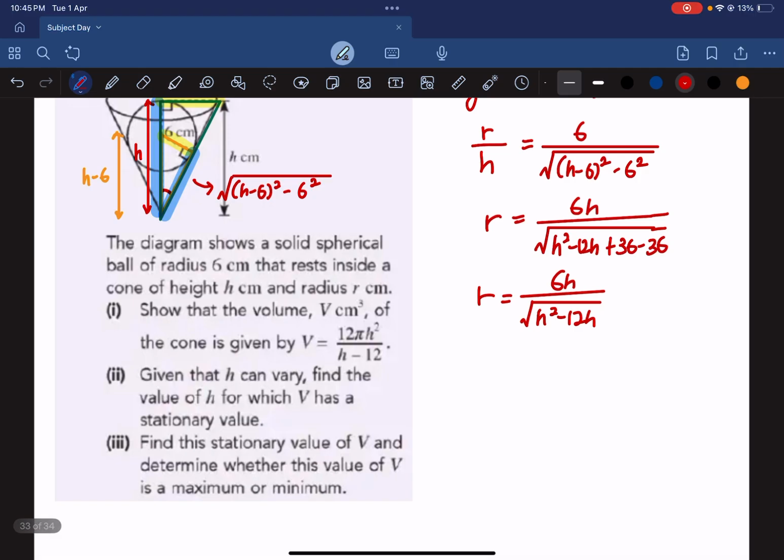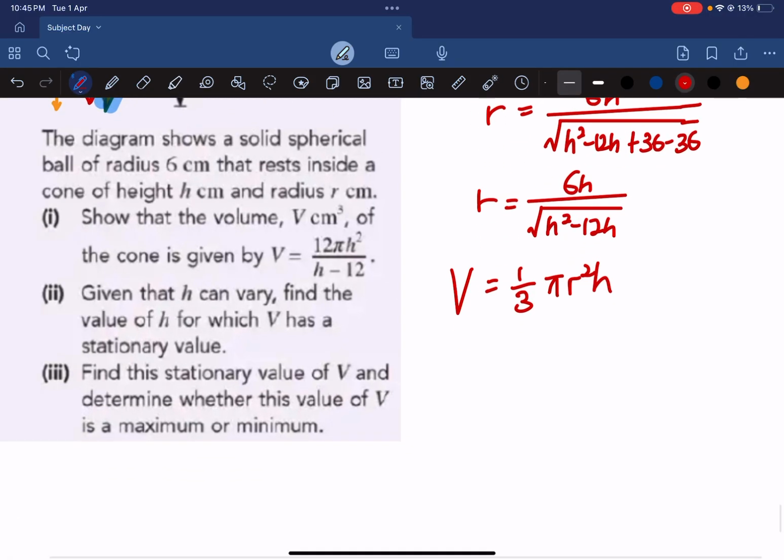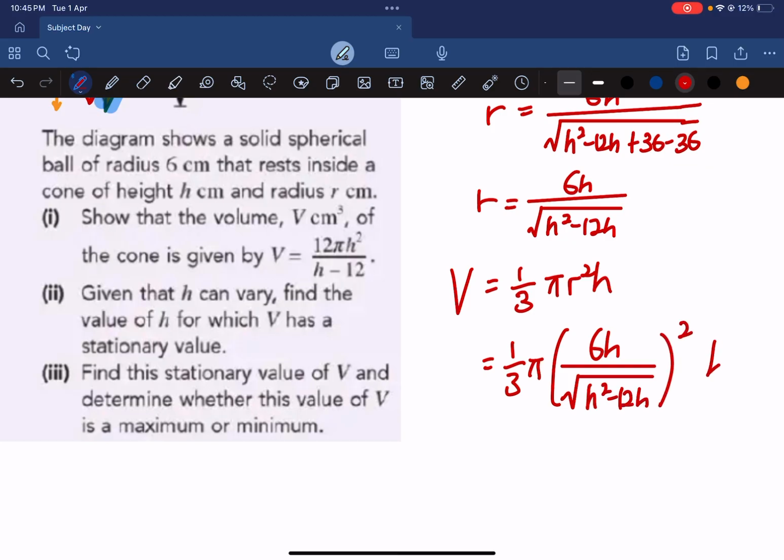I know that volume of cone is simply one third pi r squared h. Okay, and based on this, I don't want any more r. So I will replace my r by this expression I found using similar triangles. V is equal to 1/3 pi times 6h over square root of h squared minus 12h, the whole thing squared, times h.